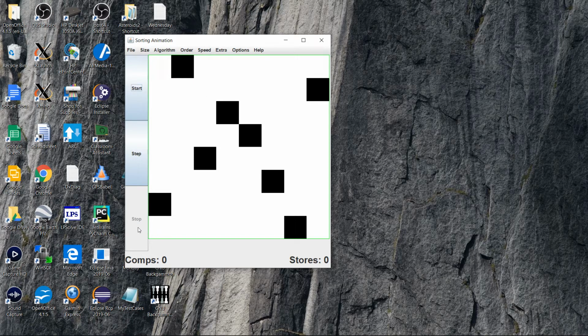So it doesn't bother with this first element because, that was weird. So what it's going to try to do now is push this guy here as far to the left as it can until it gets as far but no further. So if I step, you'll see it compares them.